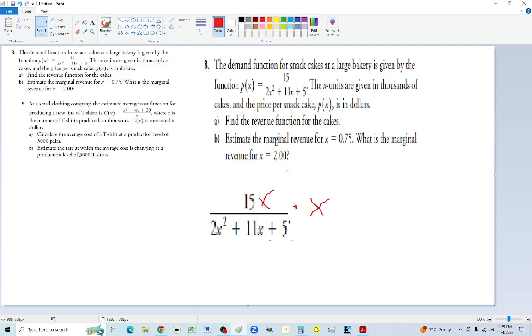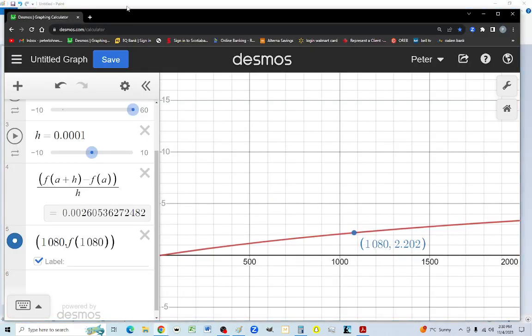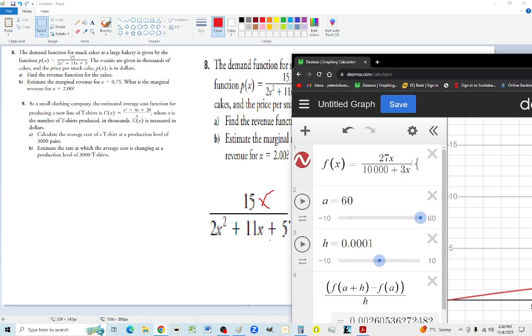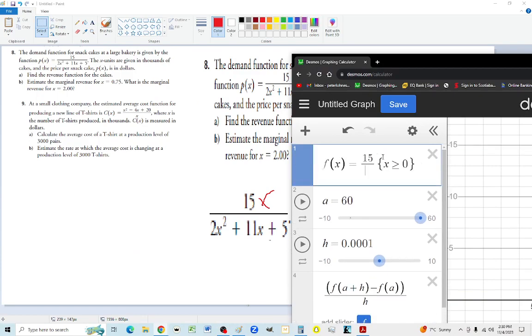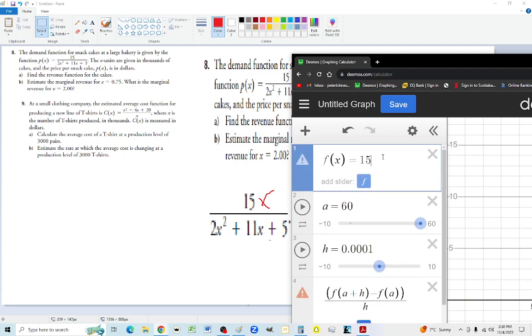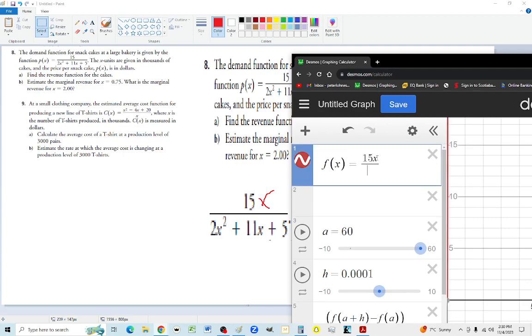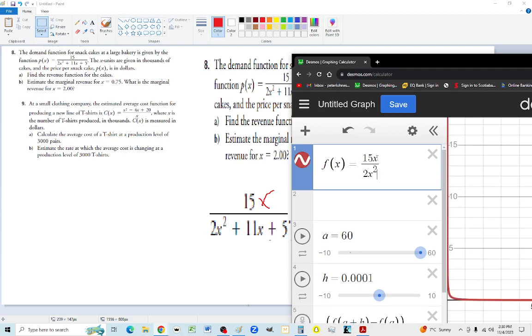So let's have a look at that in Desmos. I'm going to put the overall formula here. And remember, we'll multiply it by X now. And it's over 2x squared plus 11x plus 5.